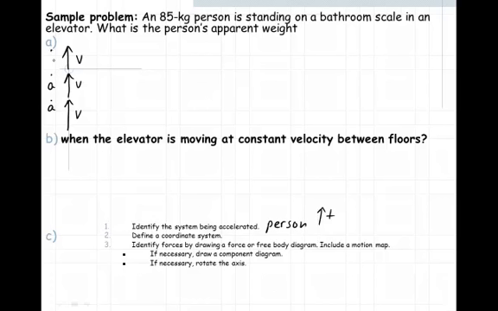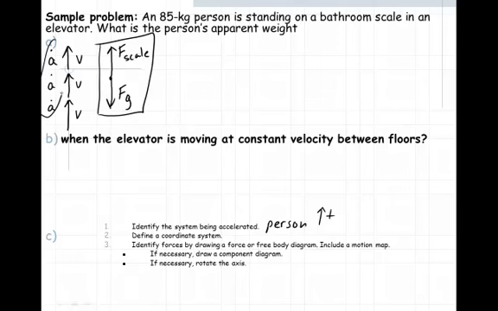Because whenever the velocity is constant, the acceleration is 0. So our force diagram, which includes the force of the scale, has got to be equal to the force due to gravity of the person. Now this only happens when the acceleration is 0.